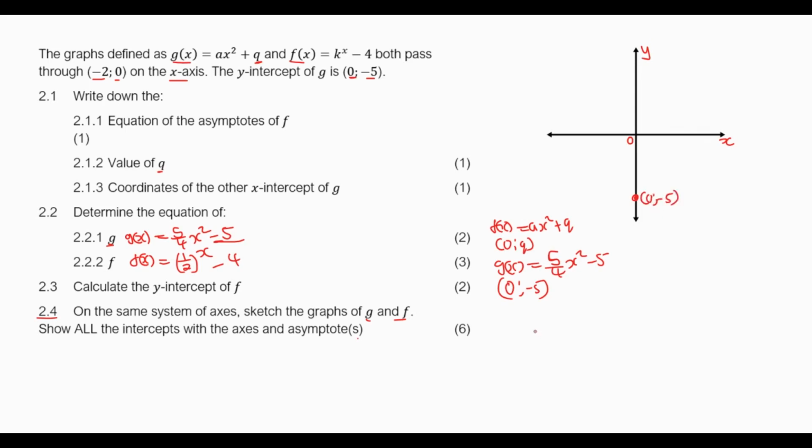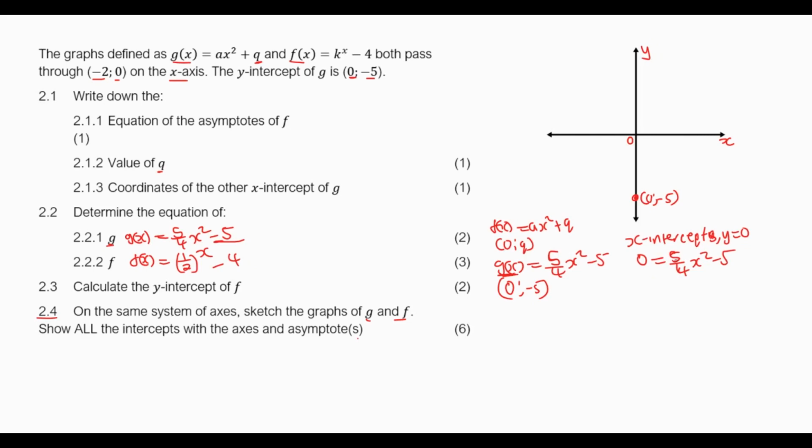Now we need to find the x-intercepts. For x-intercepts, we have to know that y is equal to 0. So where there's g of x, we put 0. So 0 is equal to 5 over 4 x squared minus 5.